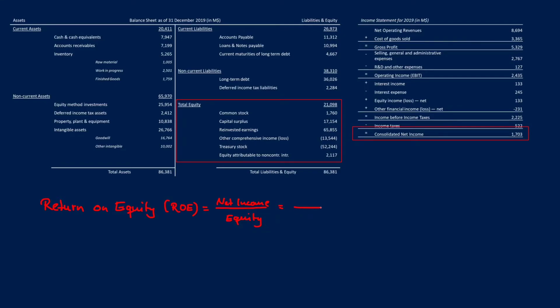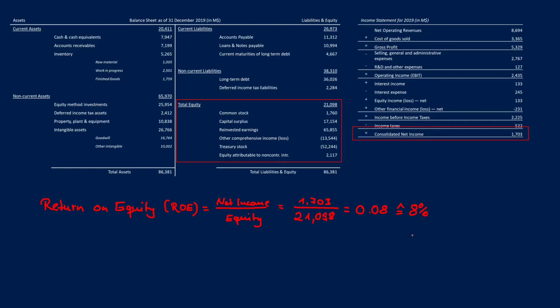Or in this particular case, of course, 1,703 divided by 21,098, and that is 0.08 or 8% equivalently. So, if we would have bought this company, we would now have a return on equity of 8%.